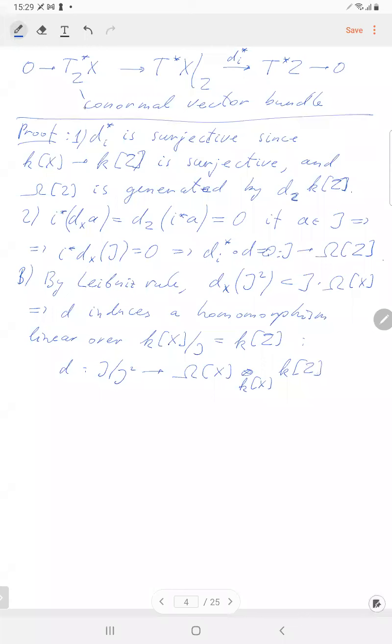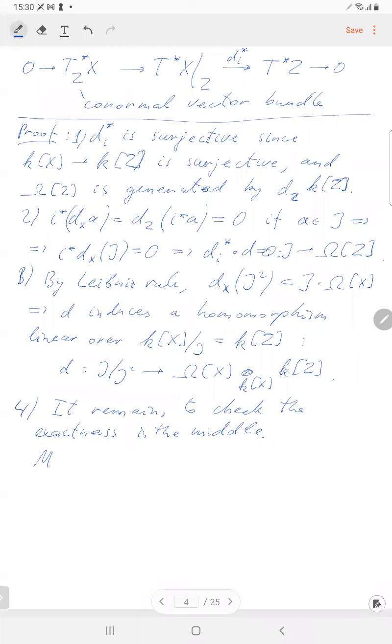Okay, so now everything is checked except for the exactness. Okay, it remains to check the exactness in the middle. So let's consider the middle homology.